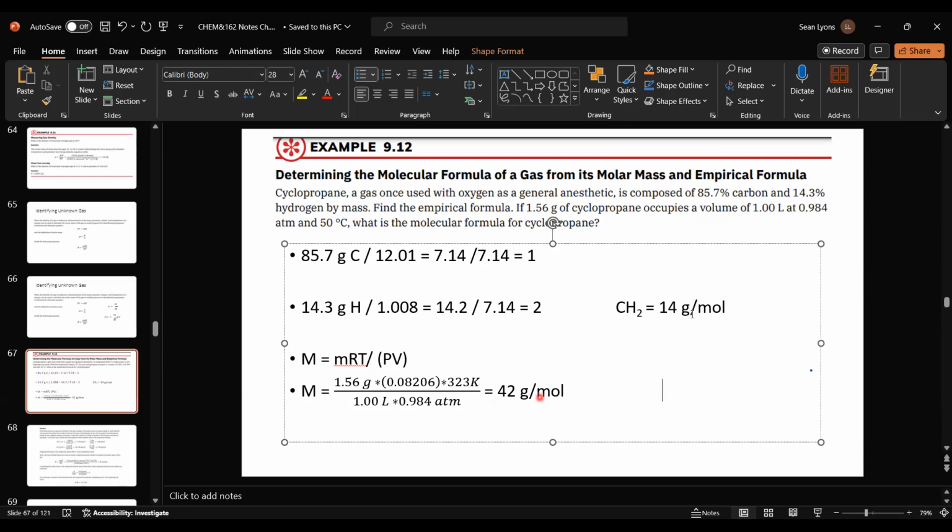So that means this actual molecule is 3 times larger than the empirical formula. So we would just multiply that by 3. We're going to get a formula of C3H6. Again, we still have that same ratio, 1 carbon for every 2 hydrogens. It's just 3 times as large.